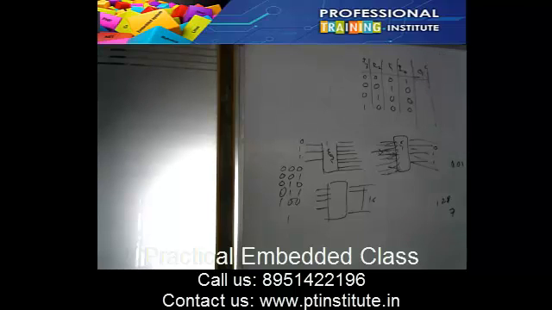Only one output I need. I0 will get output, I1 will get output. Here I0, I1, I2, I3 give the output. Okay, yeah. So for I0 output here I will get 1, here I will get 0.